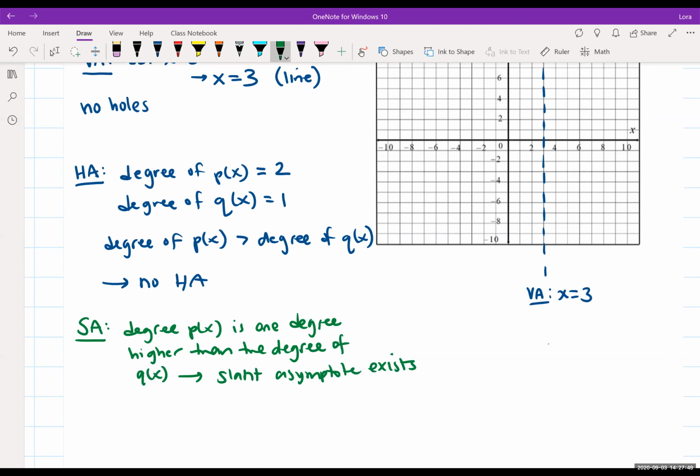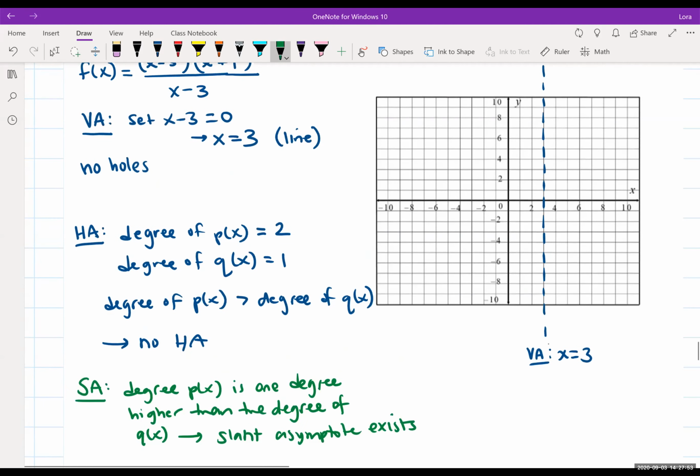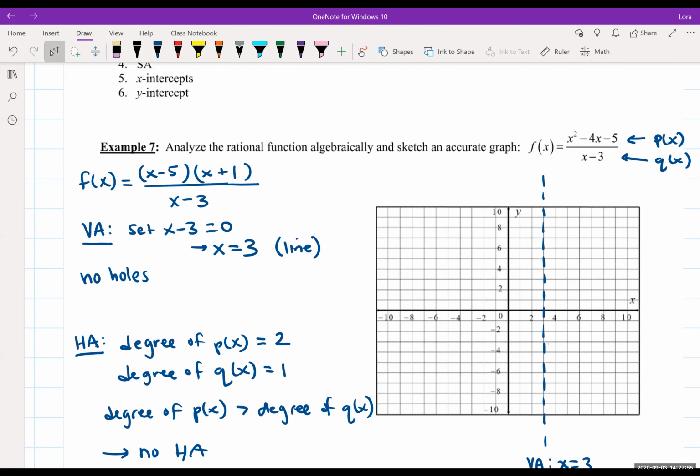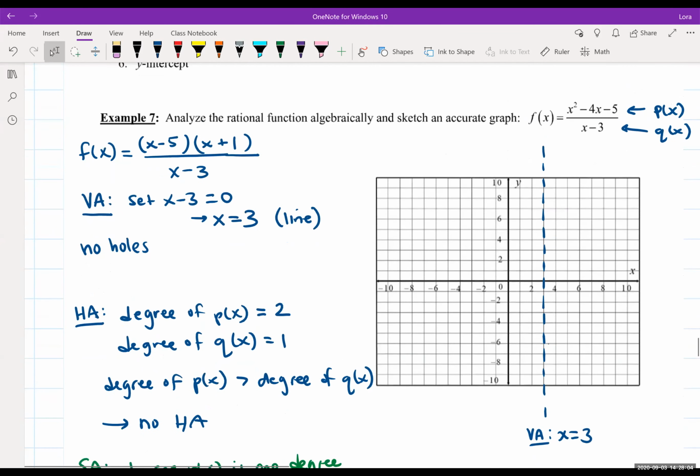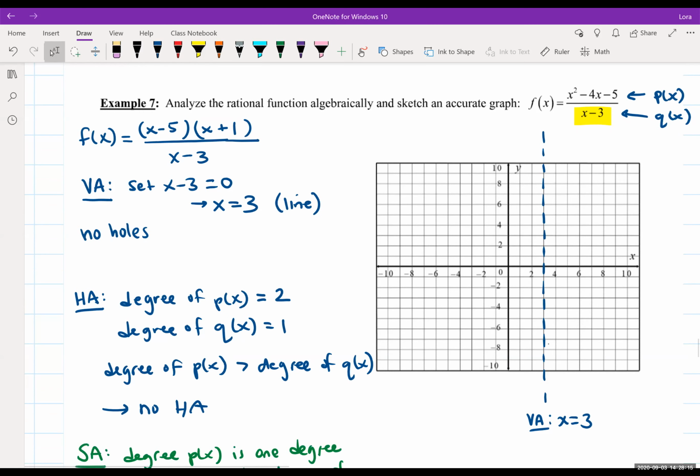How we're going to go about finding it is we're going to use division. I look at my original function, and I will divide the denominator into the numerator. I notice the denominator is a binomial of the form x minus k, and that's good news because we can use synthetic division in this case. If not, you can use long division.